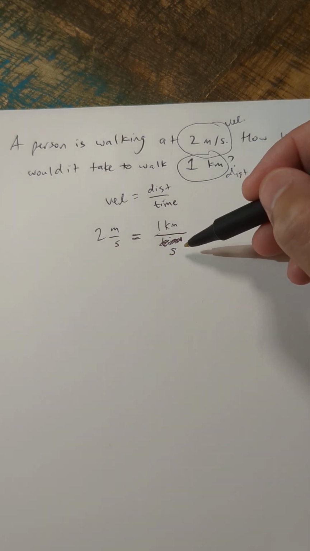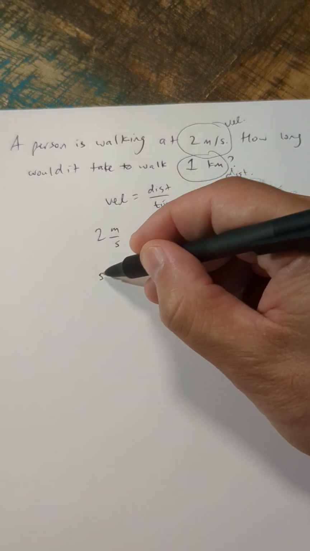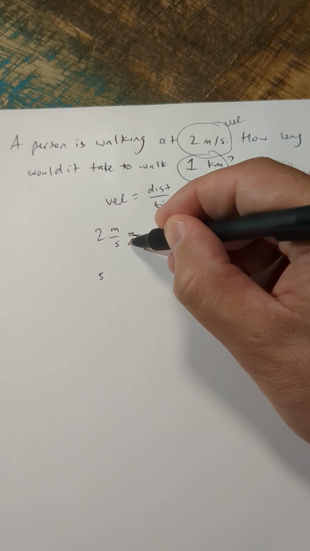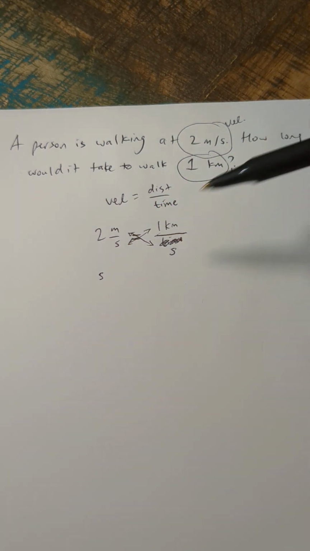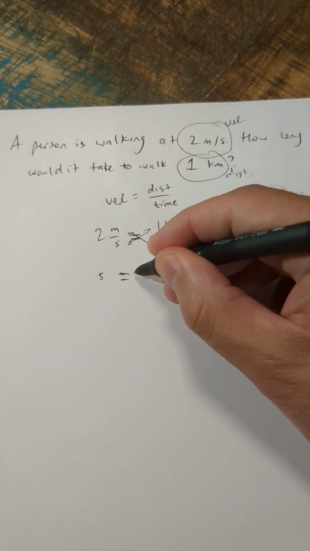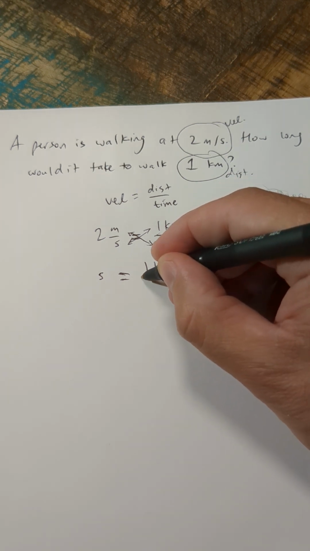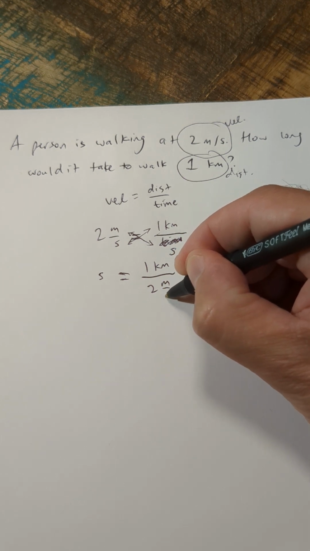I will get seconds by itself, using this cross multiplication concept from algebra. So the seconds goes over here, equals 1 kilometer over 2 meters per second.